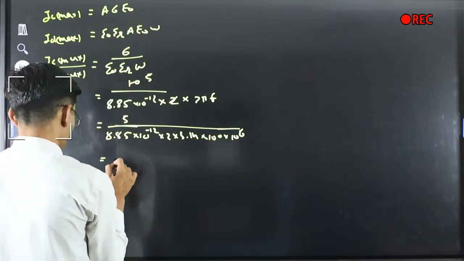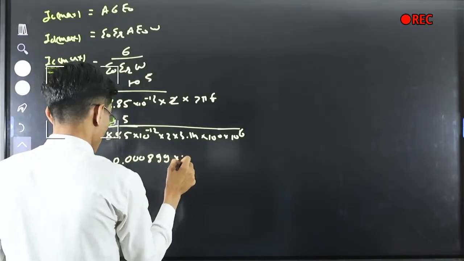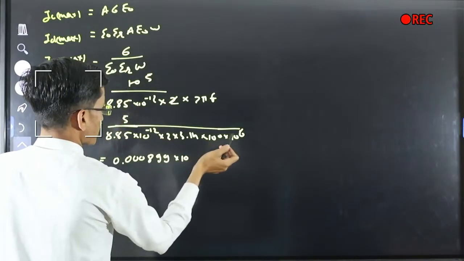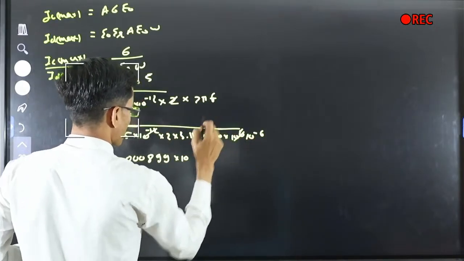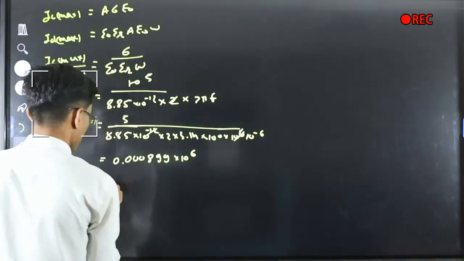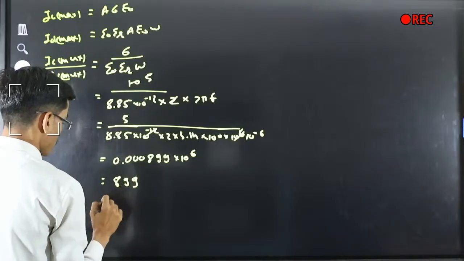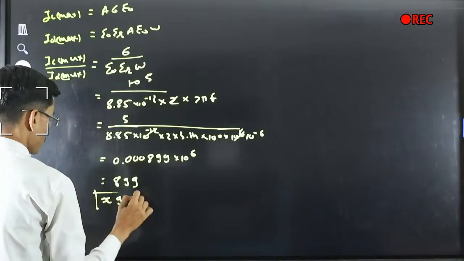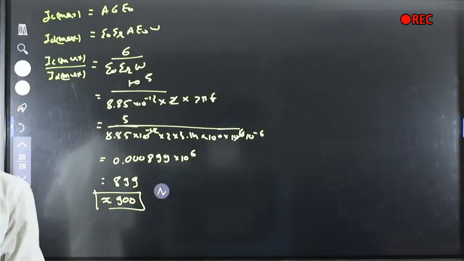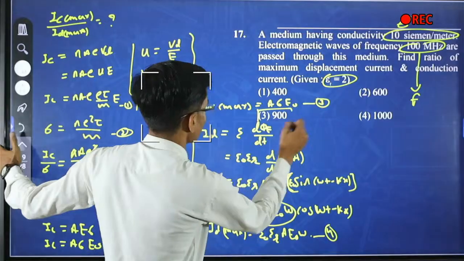This will come out to be 0.000899 into 10 raised to minus 12 plus 6, so 10 raised to minus 6, and this will become plus. So 899, which is written as almost 900. So the ratio will come out to be 900. And our answer is 900.